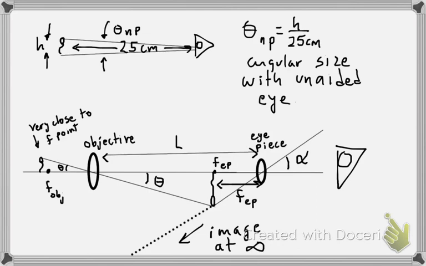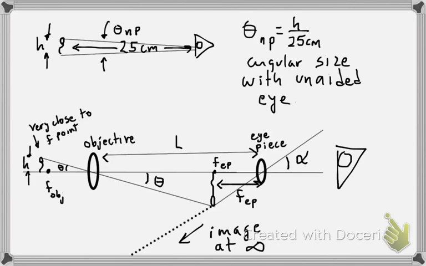The angle that the light ray that goes through the objective forms with the optical axis, we're going to call it theta. Okay, so in terms of this theta, we can figure out what is the angular size alpha of the final image.